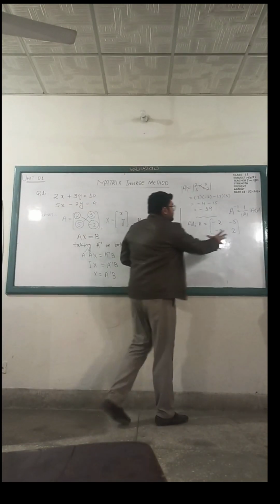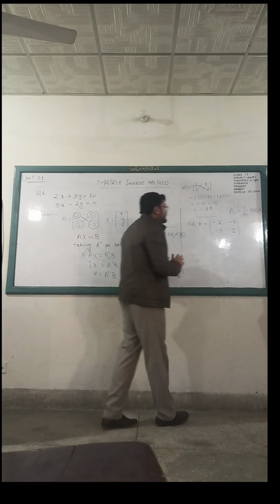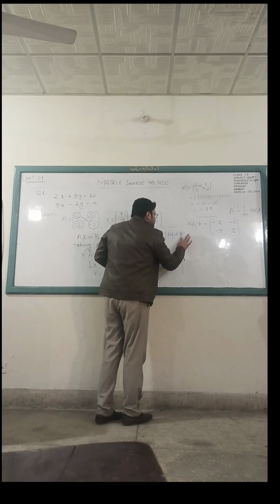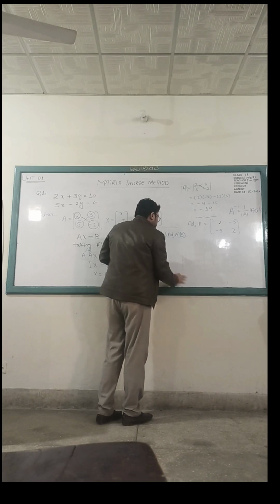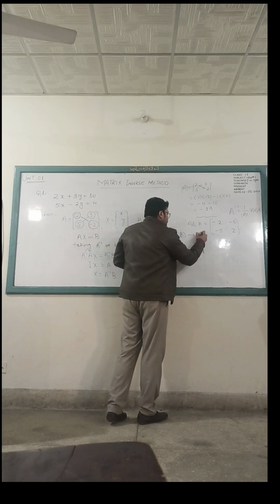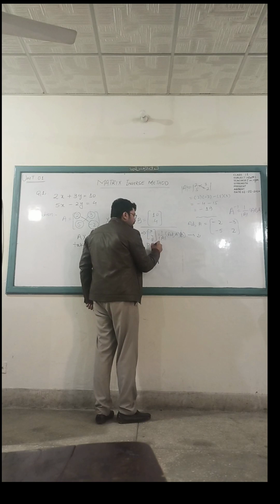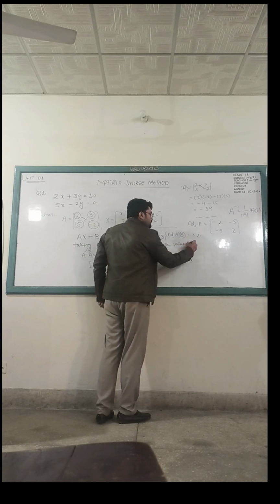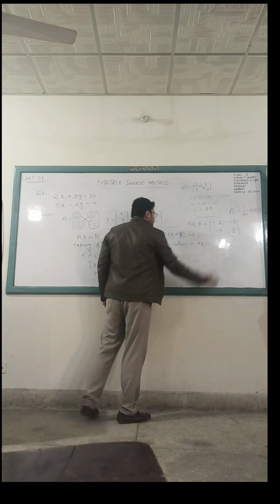Now, the adjoint of A is here, the determinant of A is here. We will put the values in equation number first.